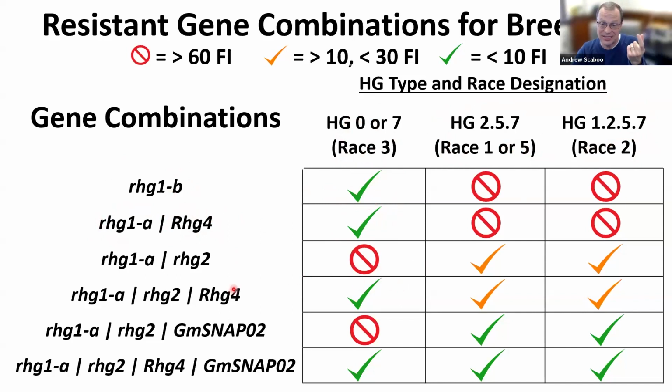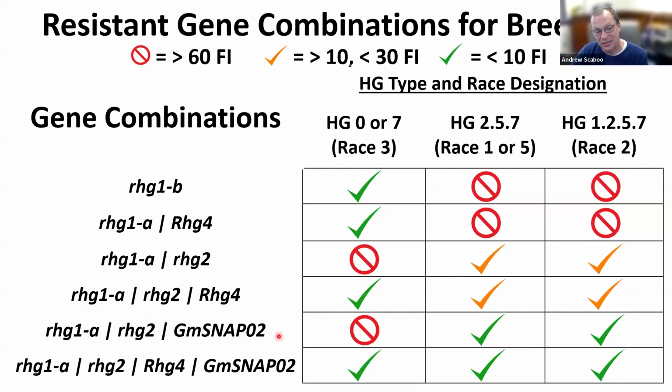When you have the 2-gene stack of RHG1A and this important gene we talked about, RHG2, that is when you get moderate resistance to both of the more virulent nematode populations. And when you get the 3-gene stack, remember, this is the 3 genes found in Peking type resistance, then you get broad resistance to all 3 HG types.